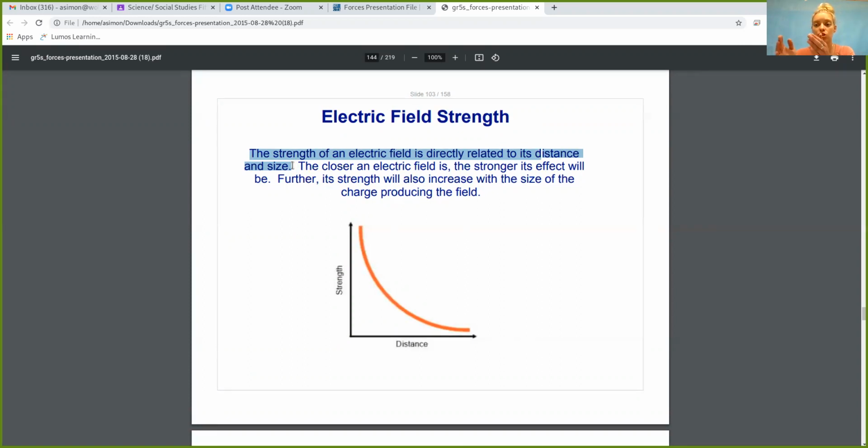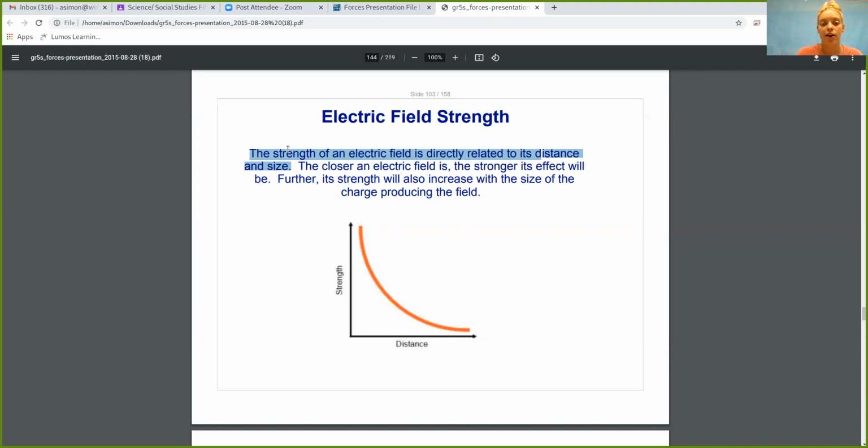The closer you are to an electric field, the stronger it's going to be, and the greater the effect. The further away you are, the less strong it is. So the two things that relate to the strength of an electric field are its distance and its size.